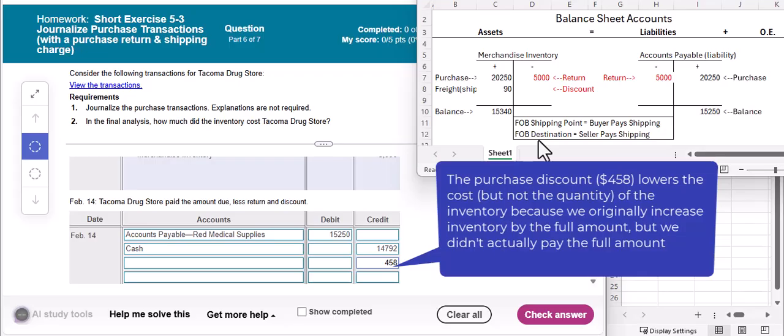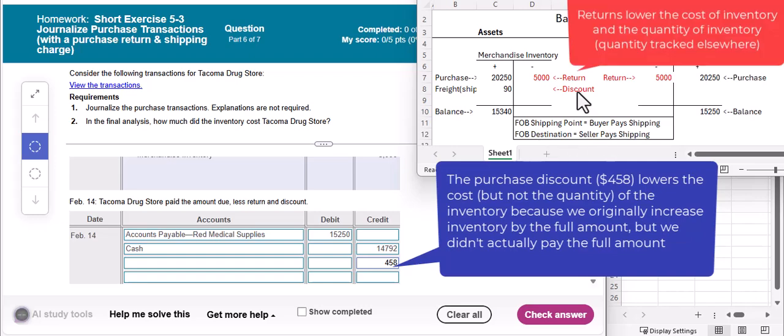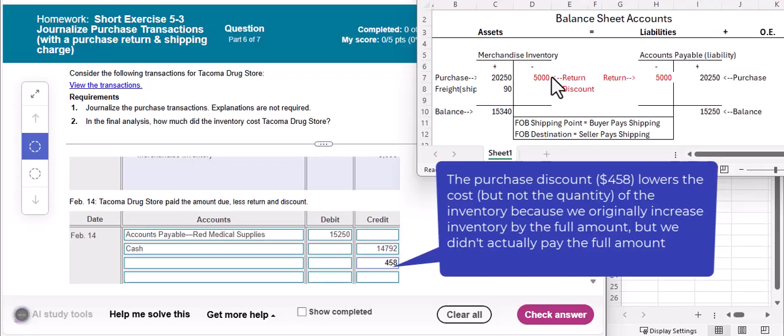It's not lowering the quantity of inventory, it's just lowering the cost. Up here where we have that $5,000 return, this is lowering both the cost and the quantity. Just for your information, in computerized accounting systems, the accounting system keeps track of the quantity behind the scenes, so we don't need to do a journal entry for that.